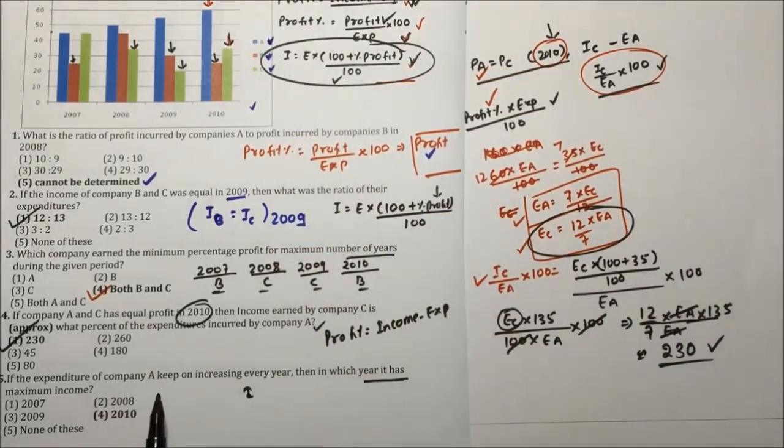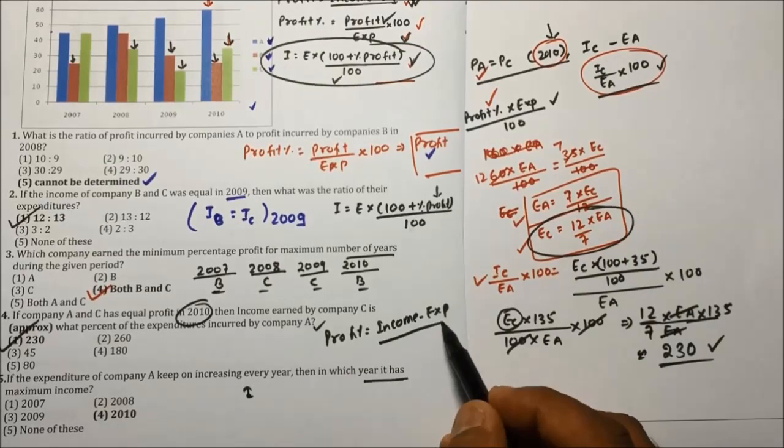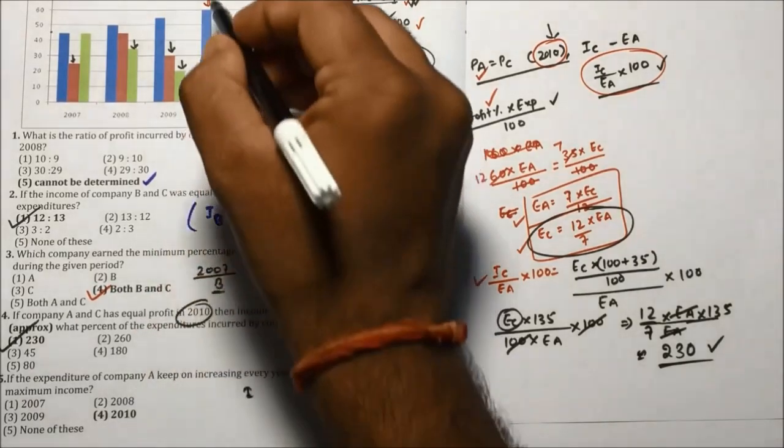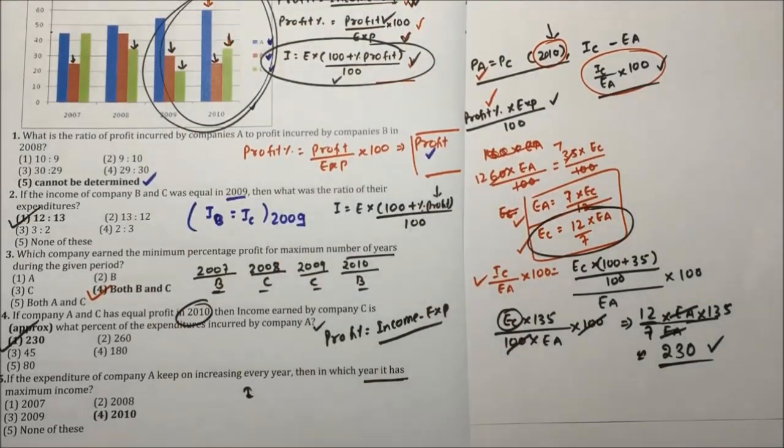So in the year when they have the maximum percentage profit, in that year it will have maximum income. You can see in 2010 they have the maximum profit percentage. So option 4 will be the correct answer for question number 5.